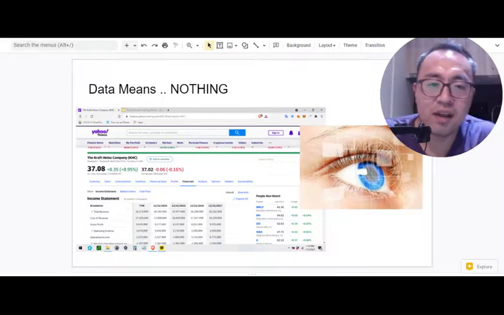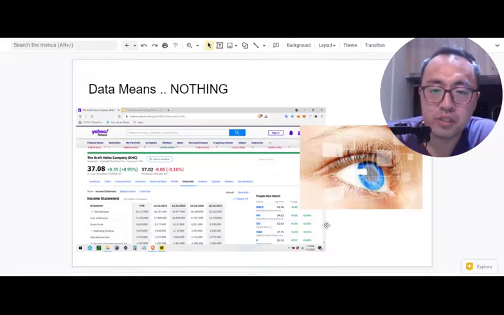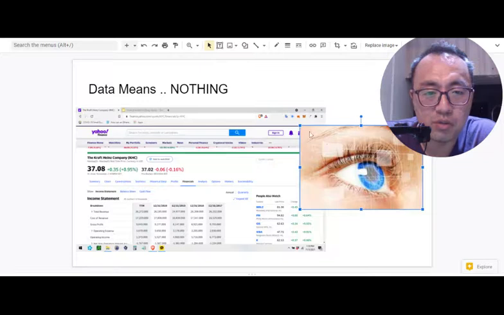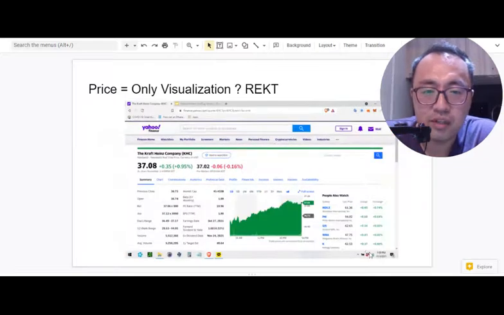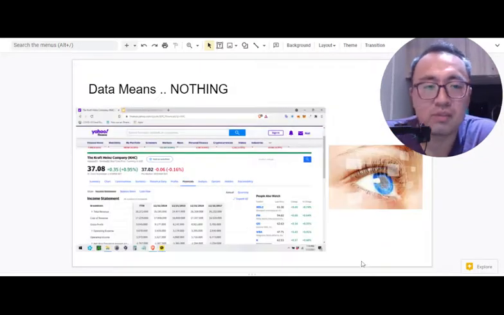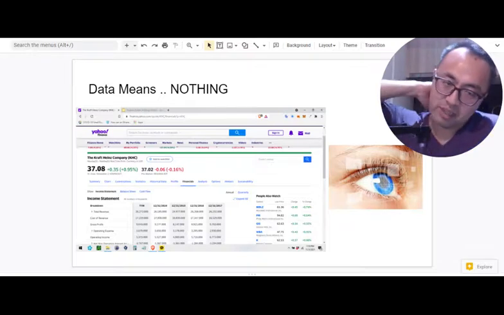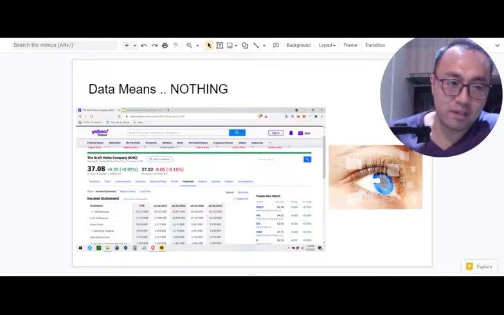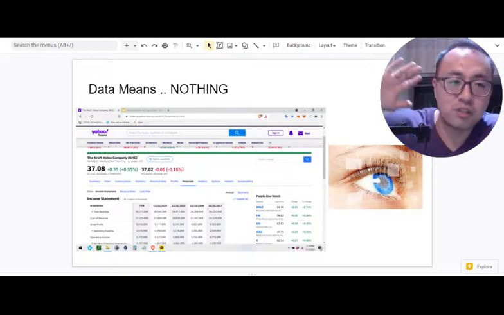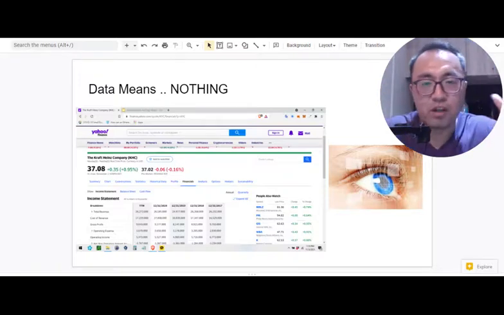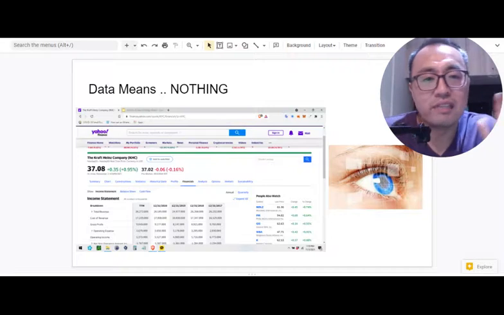If you look at this Kraft Heinz Yahoo page, for example, and look at their financial information, you'll notice that there's tons of data, right? Income statement, balance sheet, cash flow, all of them have tons and tons of data. Some of them have hundreds of rows and hundreds of columns, and it's an insane amount of information.